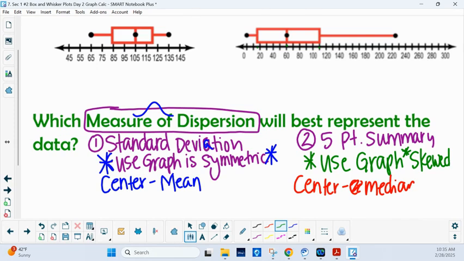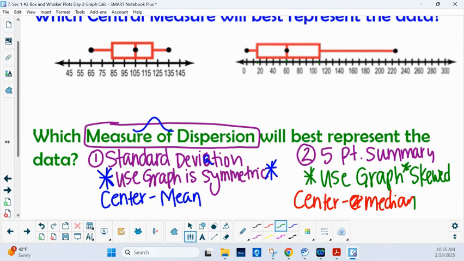So when our graph is skewed, we know there's probably an outlier, so we would use the median as the best measure of center, and also the 5-point summary would be the best measure of dispersion. So let me show you how we're going to use this today. Always remember when we're symmetric, we use the mean and the standard deviation as the dispersion. If we're skewed, we use the median and the 5-point summary. The 5-point summary has 3 medians in it.